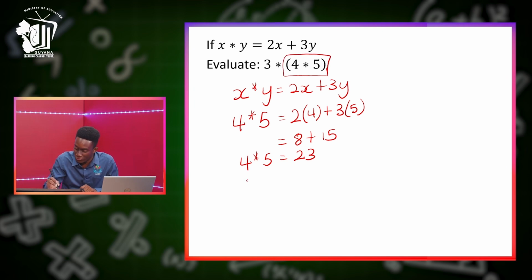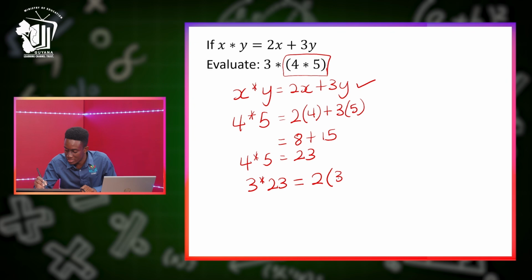So we'll have 3 asterisk, instead of 4 asterisk 5, we'll have 23. And we work this out, and this will be equal to, we use the same rule, 2x plus 3y. So this will be 2 multiplied by x, which is 3, plus 3 multiplied by y, which is 23. So 2 times 3 is 6 plus, so 3 times 23 will give us 69.